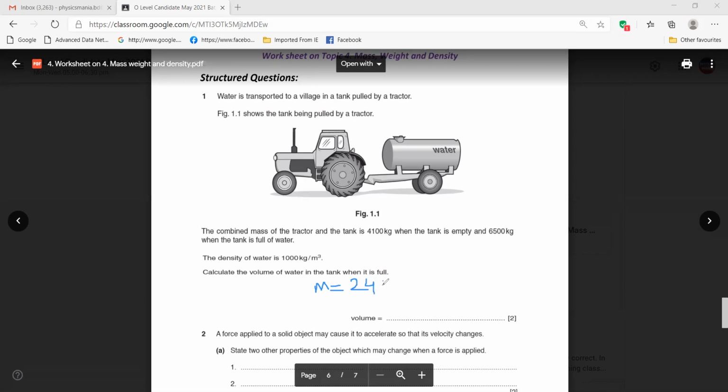Then how much does the volume come to? Your formula of volume is m by rho. So m is here 2400, so the volume is 2.4, right?